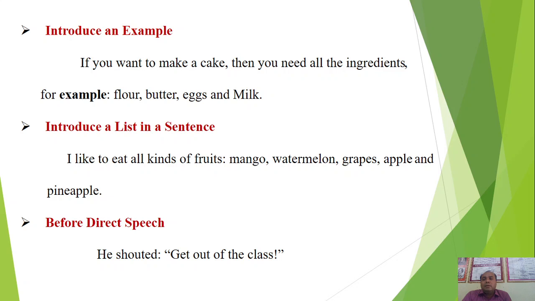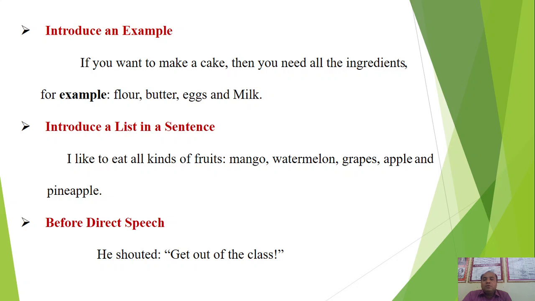There are other sentences where you use a colon to introduce a list. I like to eat all kinds of fruits: mango, watermelon, grapes, apple and pineapple. So a list is also introduced through a colon.